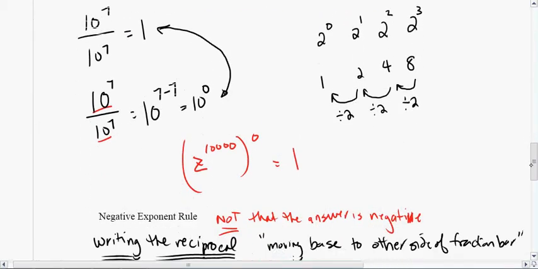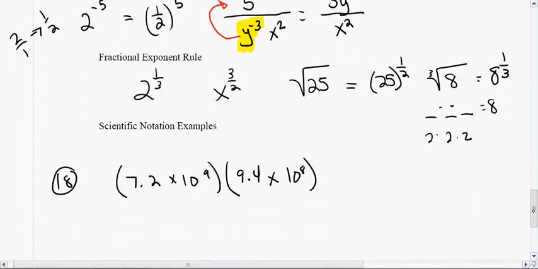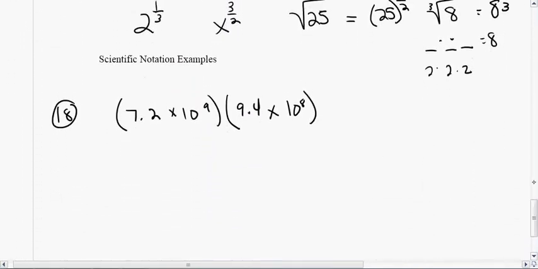Those pieces of monomials are also part of scientific notation. So the coefficient is 7.2. And the base is the 10. And of course, the 9 is just the power, the exponent.